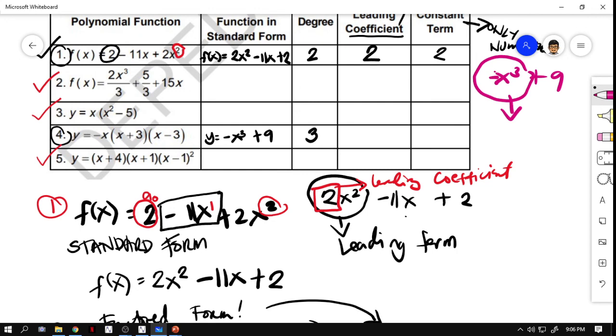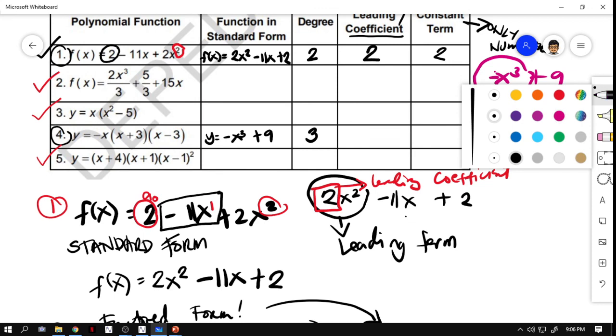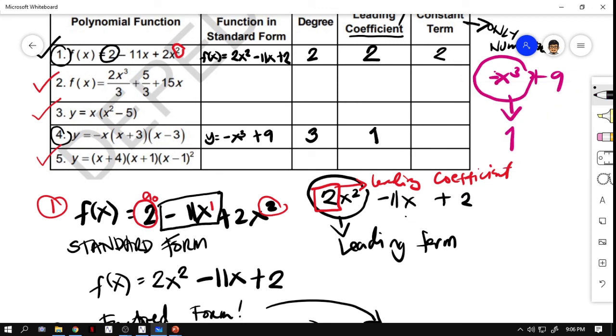Ano ang coefficient ng negative x cubed? And that is 1, kasi automatically pag walang nakasulat, that is 1. So, ang leading coefficient natin is 1. Next, how about the constant term? The constant term is 9. So, nakita nyo, hindi sa lahat ng pagkakataon pare-pareho. Actually, hindi talaga. Usually lang. Napatsyempo lang sa example number 1.